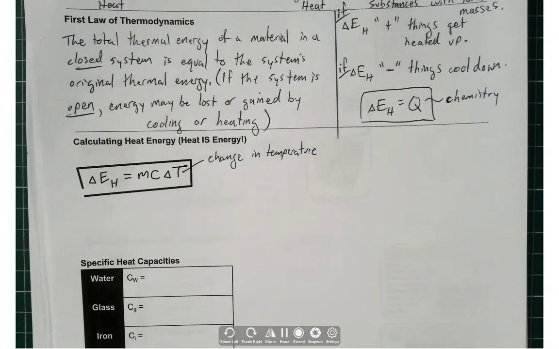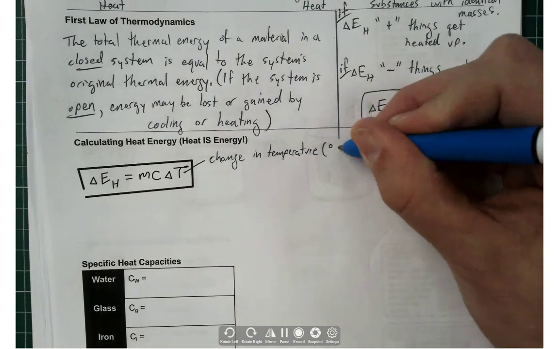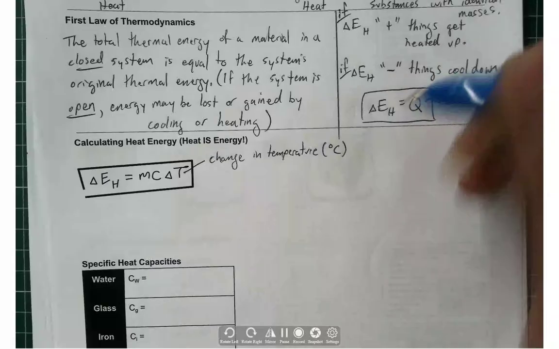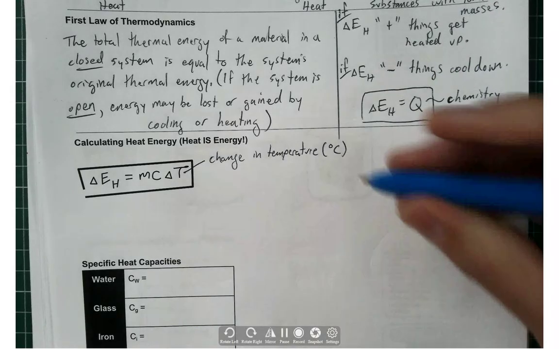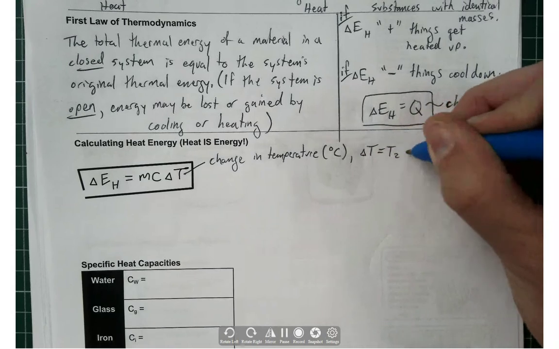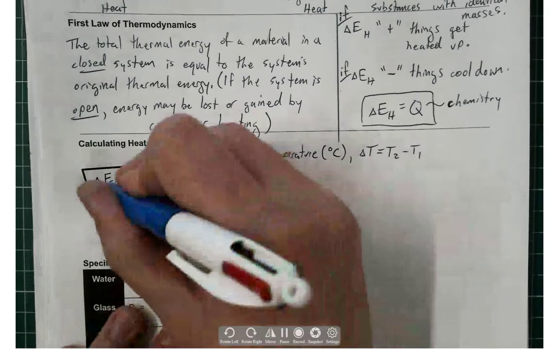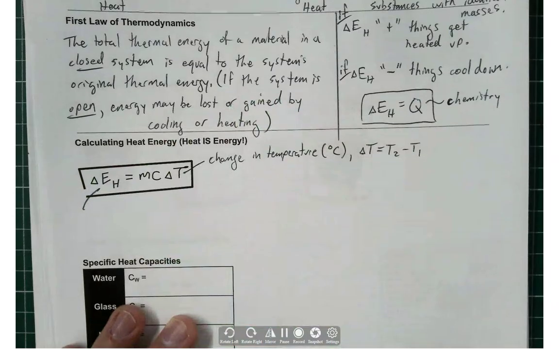When the temperature changes, we're talking about how many degrees Celsius it changed. Delta T means T2 minus T1, the final temperature minus the initial temperature. And delta EH is the amount of energy lost or gained.